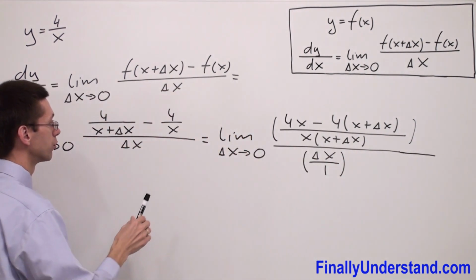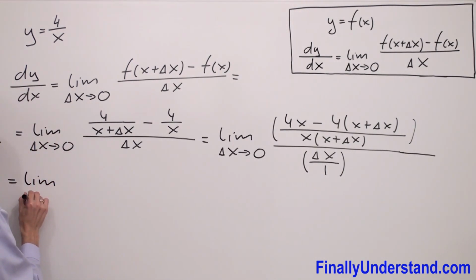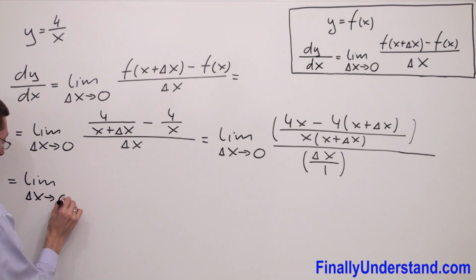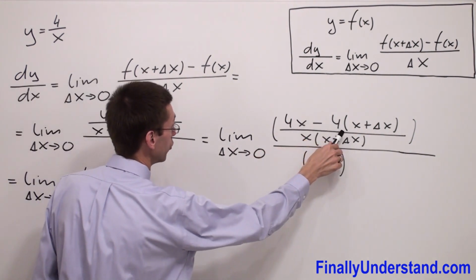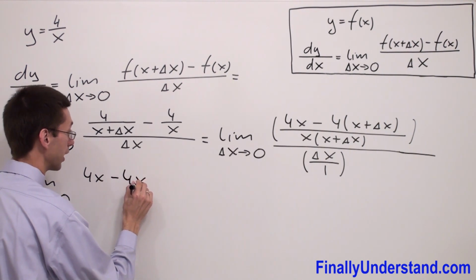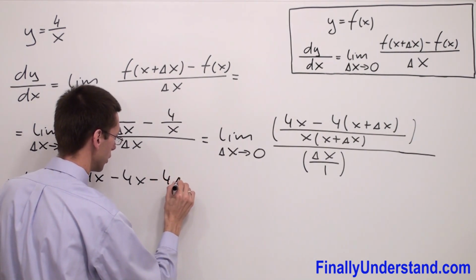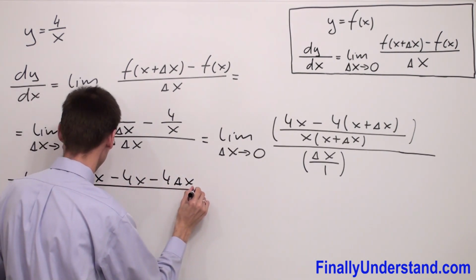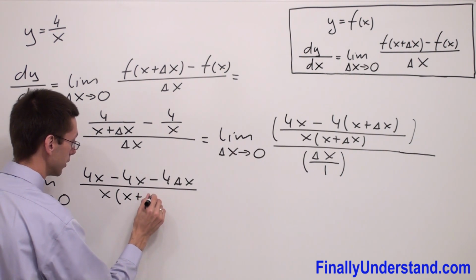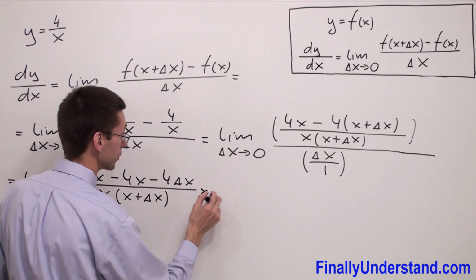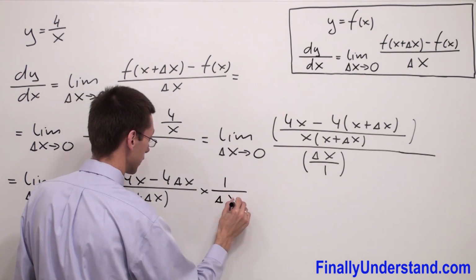I'm going to organize the top one first, and write limit as delta x approaches 0, and 4x, negative 4 times x is negative 4x, negative 4 times delta x is negative 4 delta x, over x times x plus delta x, times, because I'm going to convert division to multiplication, 1 over delta x.